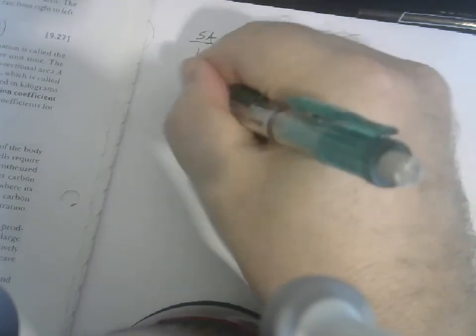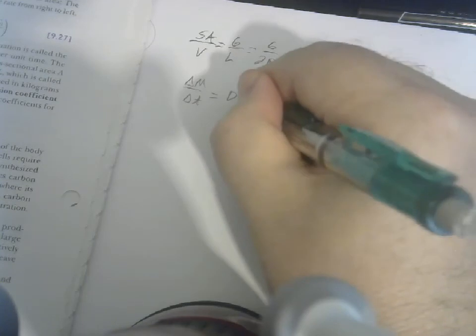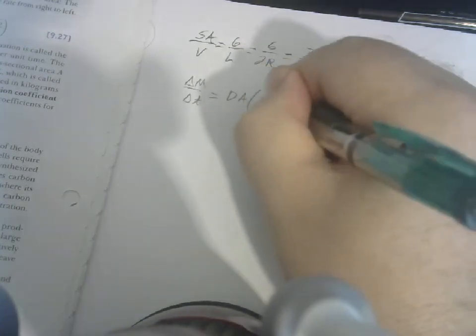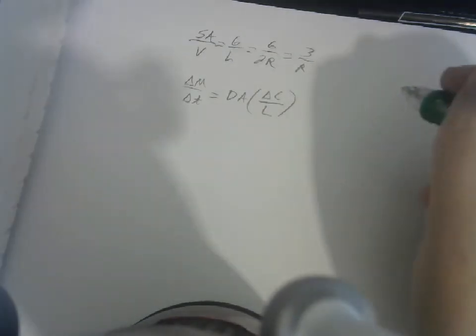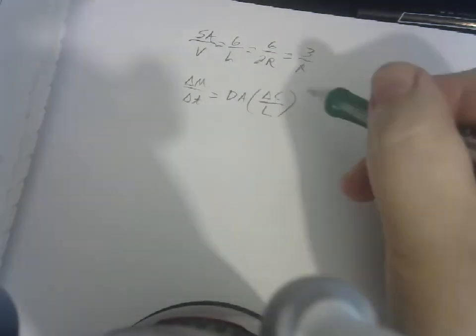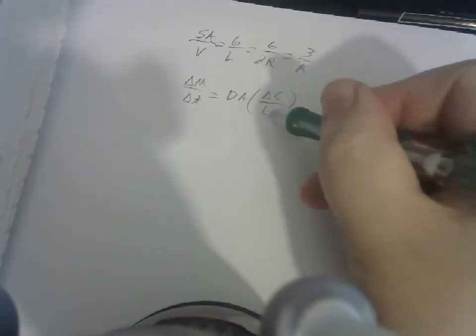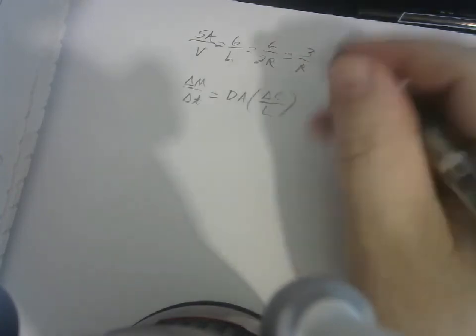And the reason I want to change it to an R is because in equation 9.7, we got delta M over delta T equals dA, and I'll just write delta C over L, the change in concentration. And the L down here was the length, the distance.